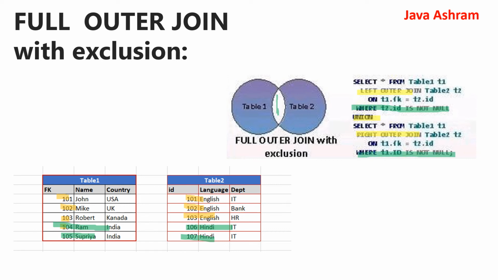So this will exclude the data which is common in both tables. Okay, let's move.